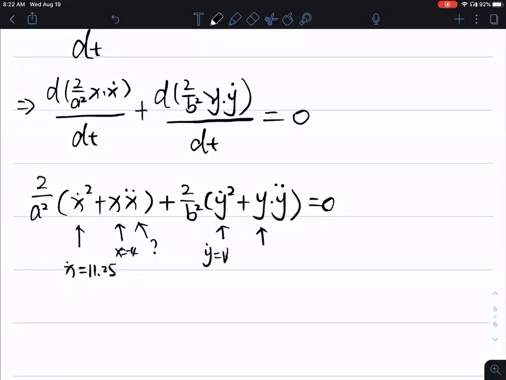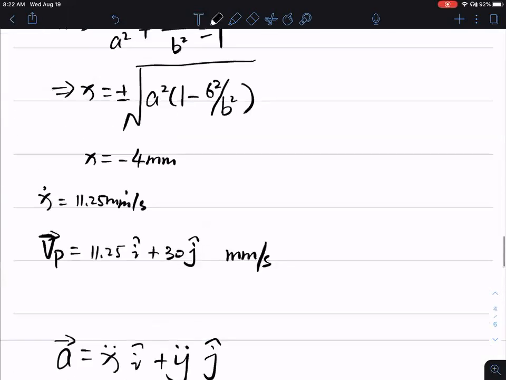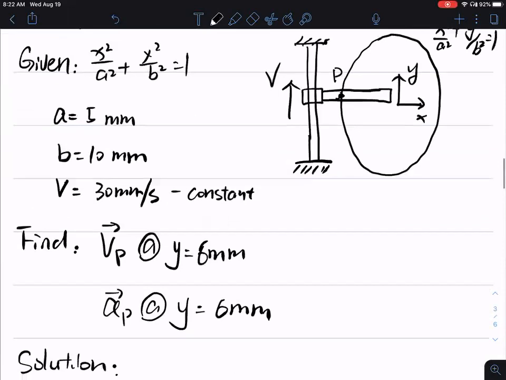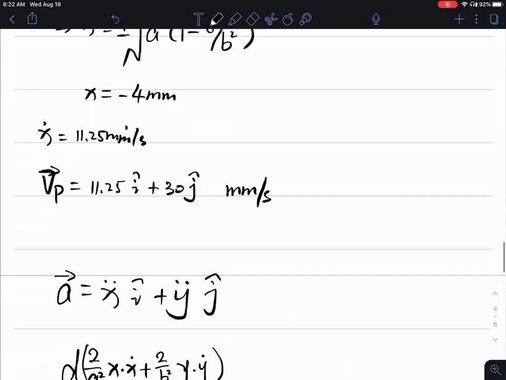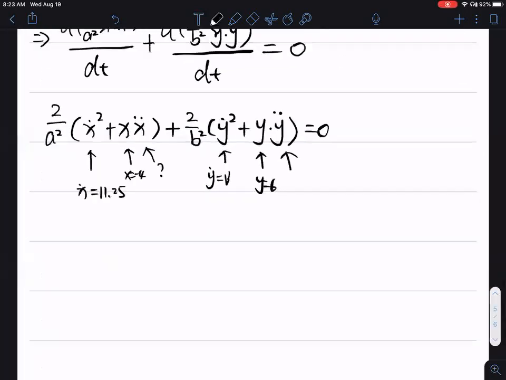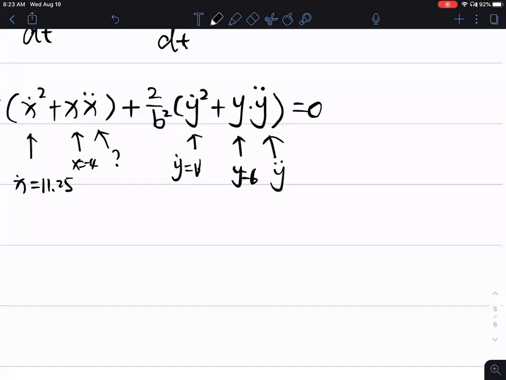We know y equals 6. What is y double dot? 0, yes. If you go back to the given condition, this v, 30 millimeters per second, is a constant speed. So if you take the derivative of a constant, you get 0. So y double dot is 0.